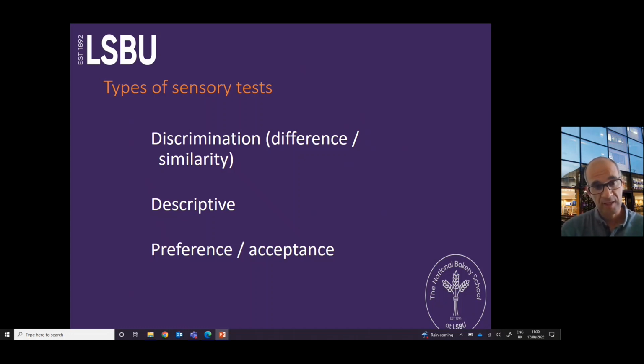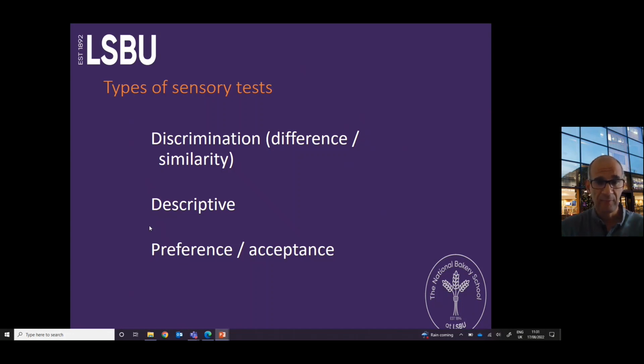And in a way, the test you will be doing is a simplified descriptive test, although not using a trained panel, but it will be using scales between 0 and 9, or 0 and 10, or 0 and 7, where you will assess different attributes of the chocolate.